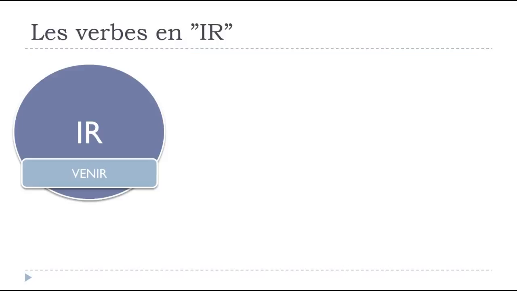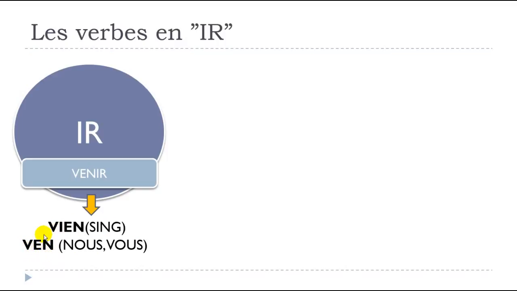And so the difficult thing with this group of verbs is that you will have one form for the singular. So we're talking here about je, tu, il, elle. In that case, the stem, the root will be vien, V-I-E-N. Then we will have another root or stem for nous and vous at the plural form, and it will be V-E-N.